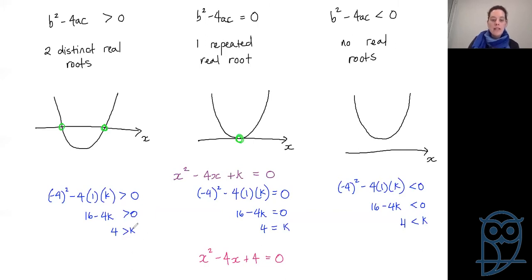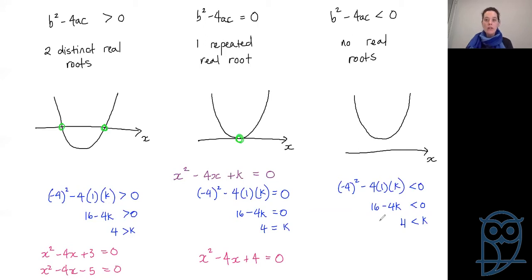If this equation has a k value that is less than 4, the equation could have two distinct real roots. For example, we could have x squared minus 4x plus 3 equals 0, or x squared minus 4x minus 5 equals 0. Any value that is less than 4 is going to give us two distinct real roots if we were to solve it.